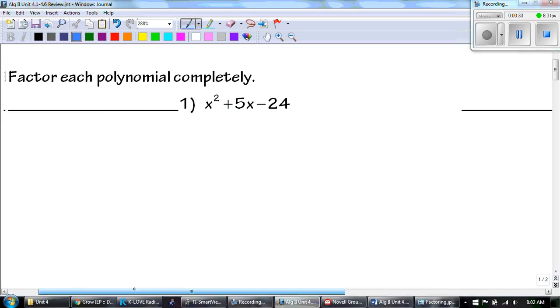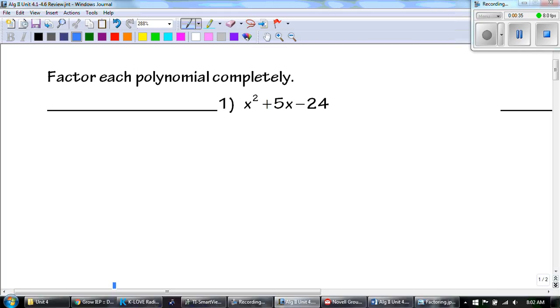We have a trinomial. We always check to see is there a GCF, and there is not. So I would look for multiples or things that multiply to get to negative 24 and add to get to 5. Okay, so there are a lot of factors of 24.